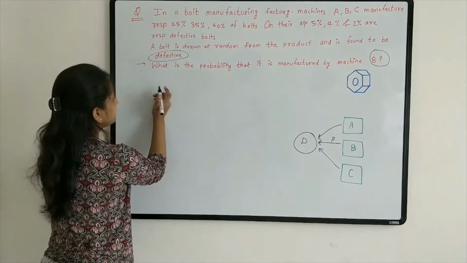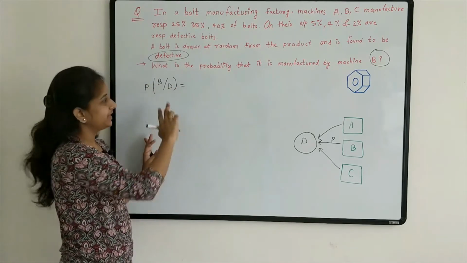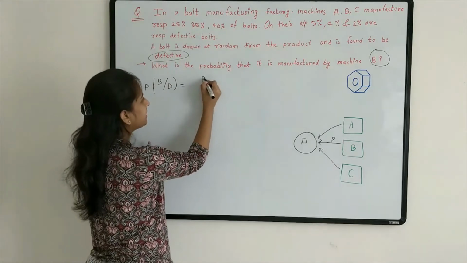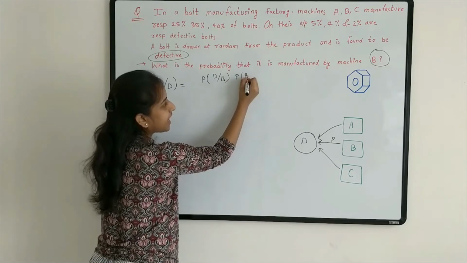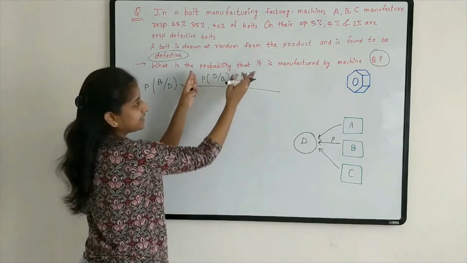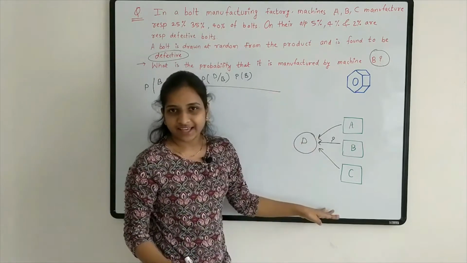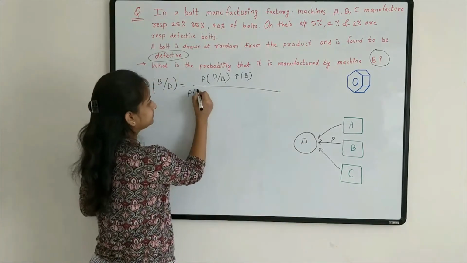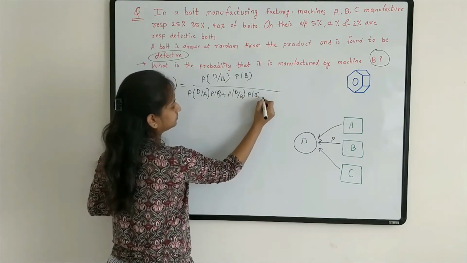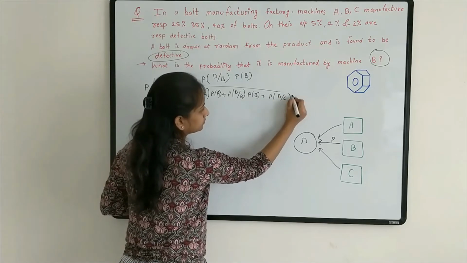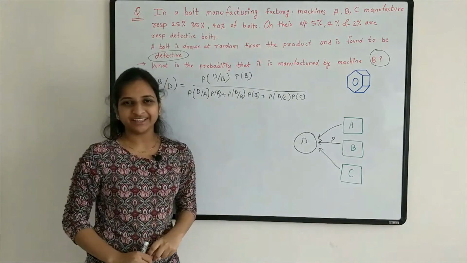So for this, probability of B given D, Bayes theorem will be just the reverse of this in the numerator. So D given B into the probability of this event happening, divided by the same terms for machine A plus machine B plus C, as there are 3 machines. Fine. Now, how to find this probability?